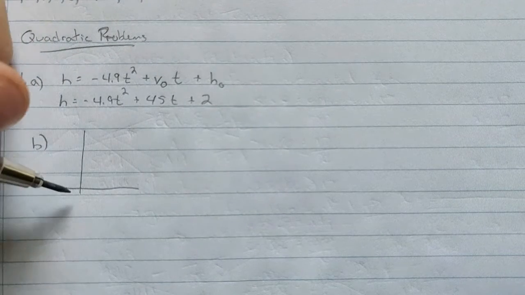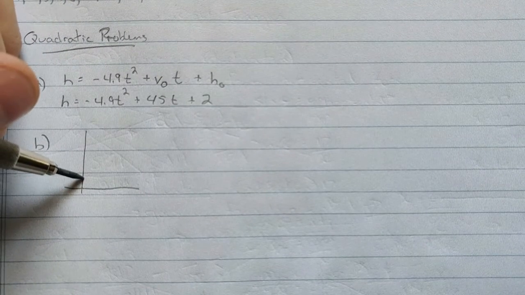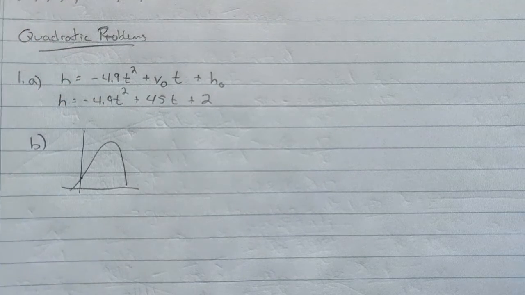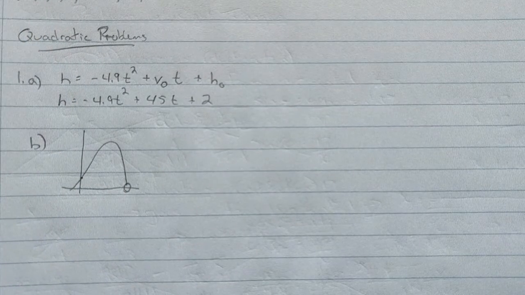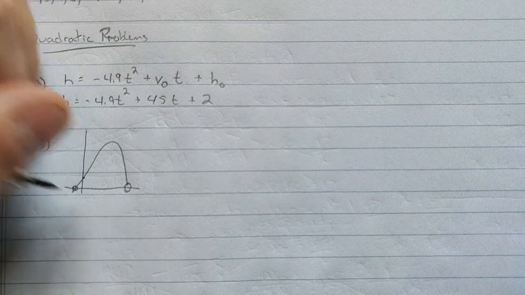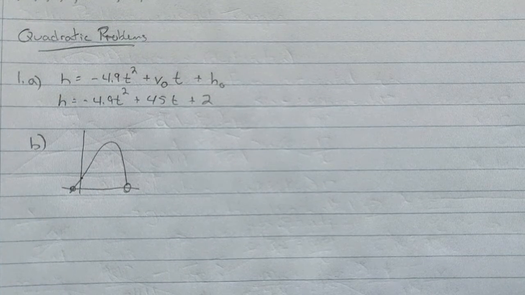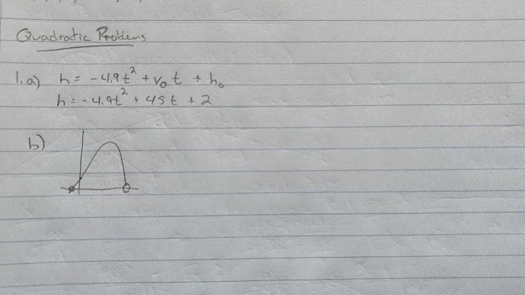The rocket's going to have something like this as a graph. It starts 2 meters up here, and so it's probably going to look something like this. We want to find when it falls to Earth, so that's going to be one of the zeros or roots of the graph. There'll be 2 values. One should be negative, one should be positive, and we will pick the positive root in this case.